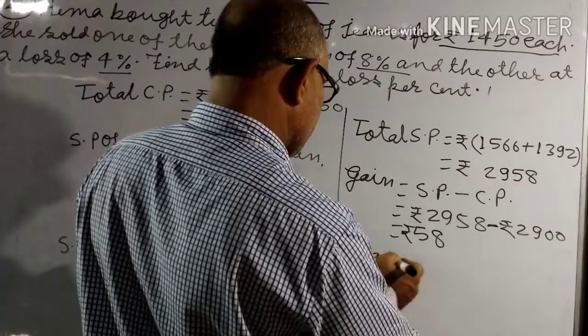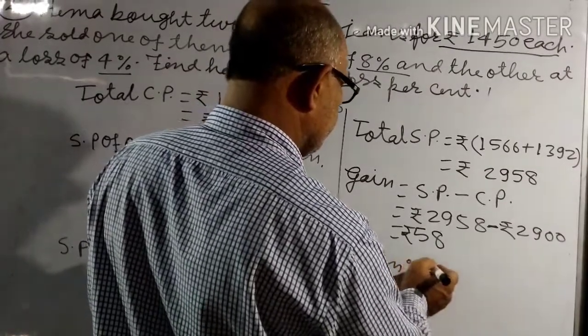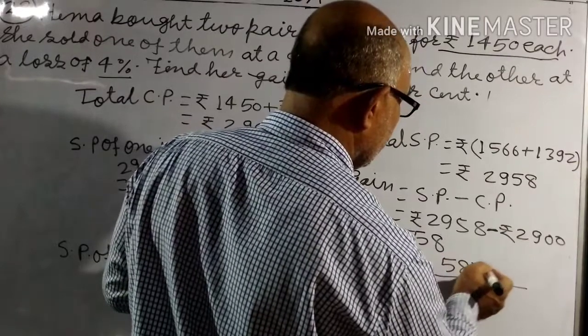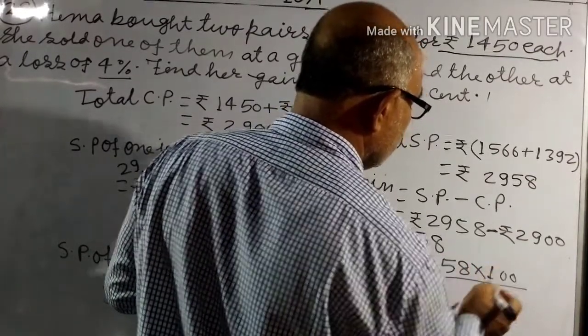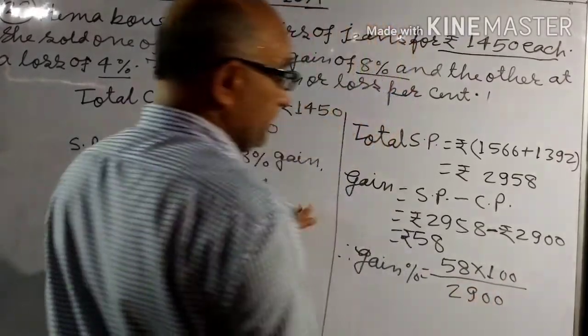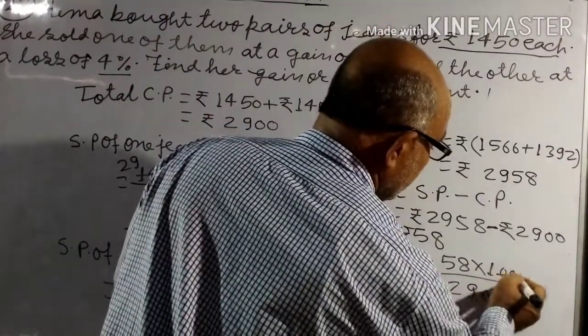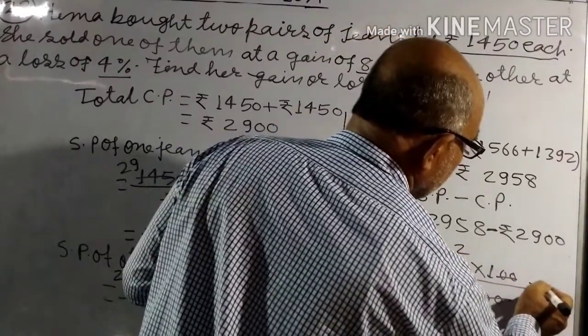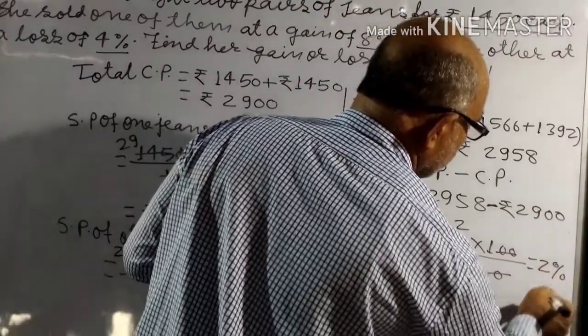Gain percent equals gain into 100 by CP, 58 into 100 by 2900. 0 to 0 cancel. 29 twos are 58, equals 2%.